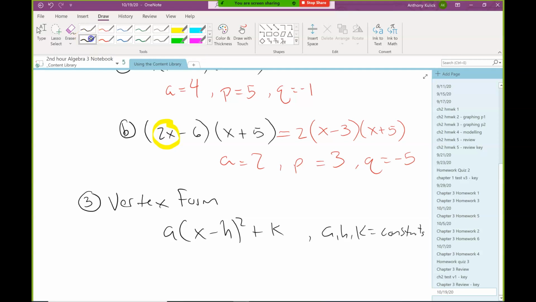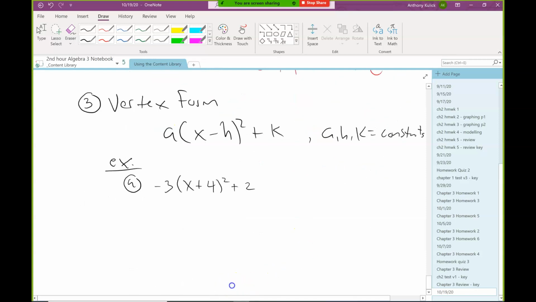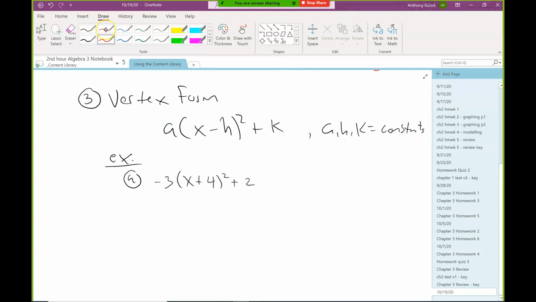So -4 times the quantity x plus 4 quantity squared plus 2. Is this in vertex form? Yeah. Okay, I agree. What are the values for A, h, and k? -4, very good, and 2.